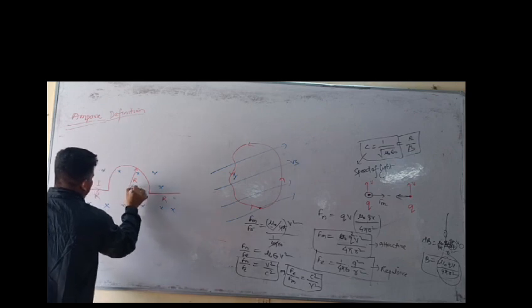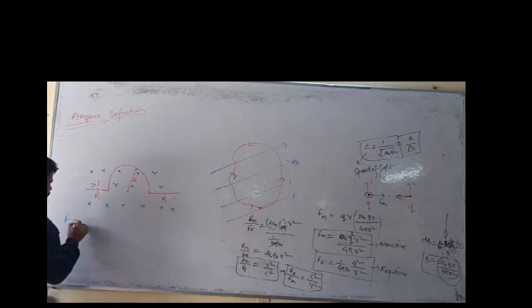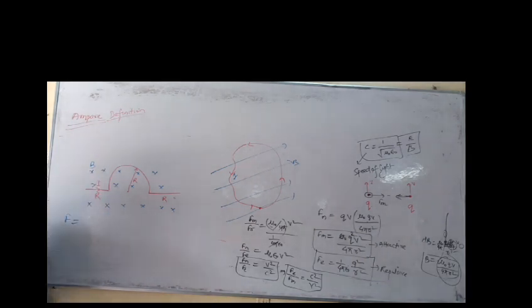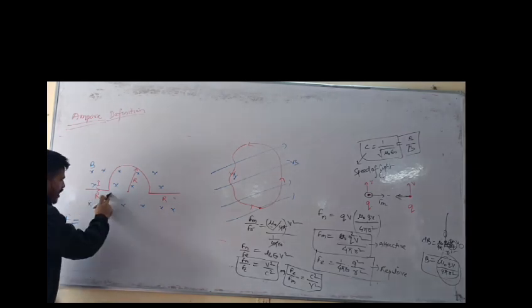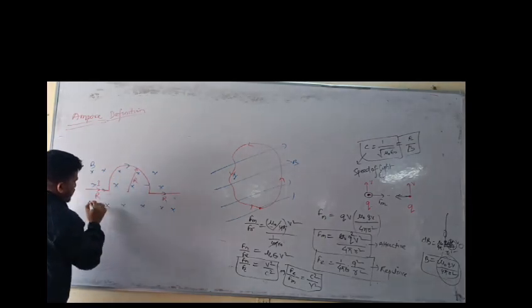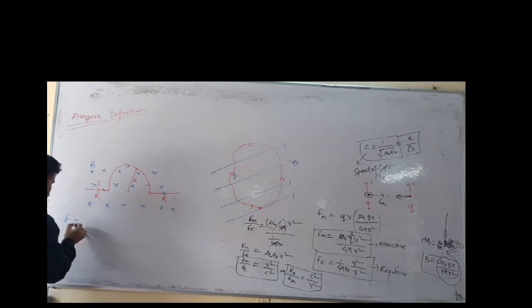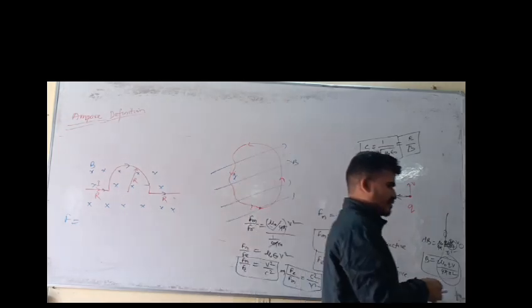Uniform magnetic field is there. Tell me the force F. B is the magnetic field, I is the current, R is the radius of the wire. This is the wire in this form. Current is flowing like this. Clear? Tell me the magnetic force acting on this wire.